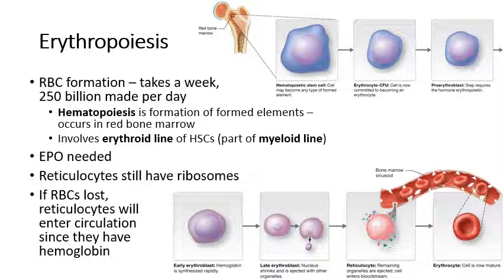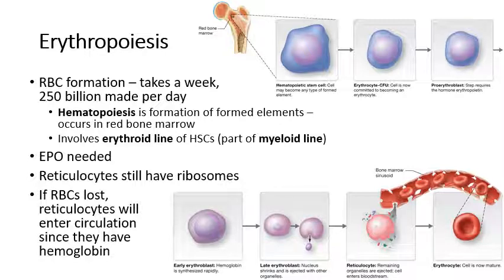So it's basically triggering the process of erythropoiesis to occur. So if you don't have the EPO, that means you're not going to have enough erythropoiesis, or you're not going to have any, actually, if you don't have any EPO. So that means that if you have kidney damage, what could happen?